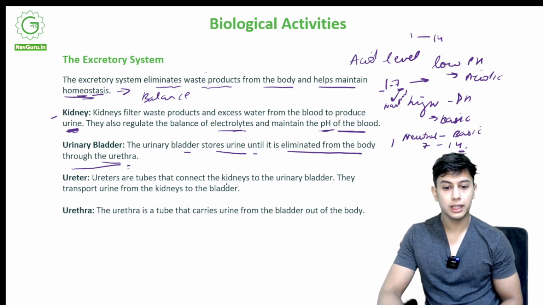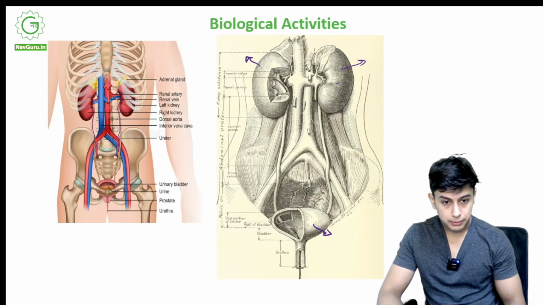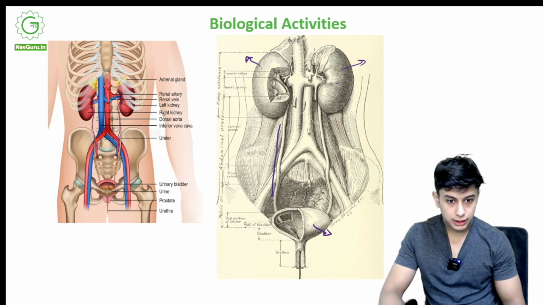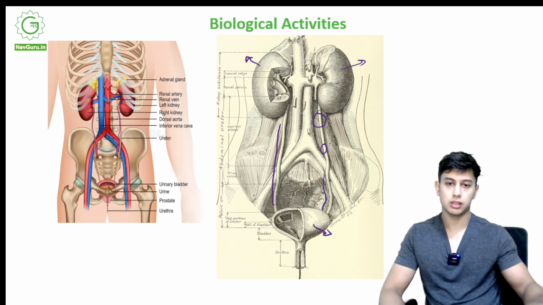Ureters are tubes that connect the kidneys to the urinary bladder. You see these pipes, these two long pipes, these are the ureters.